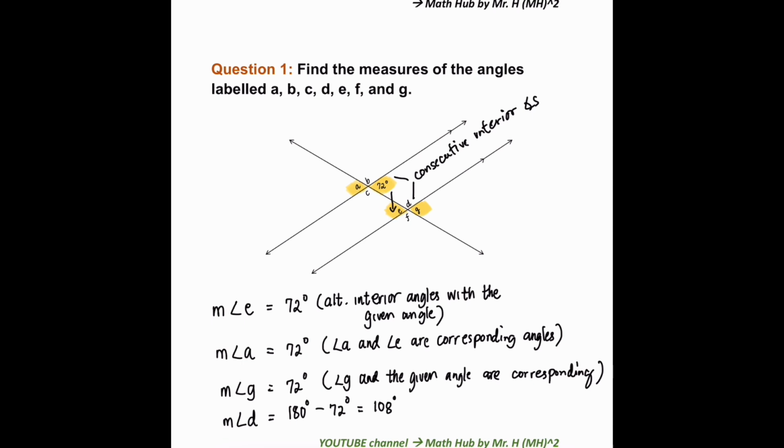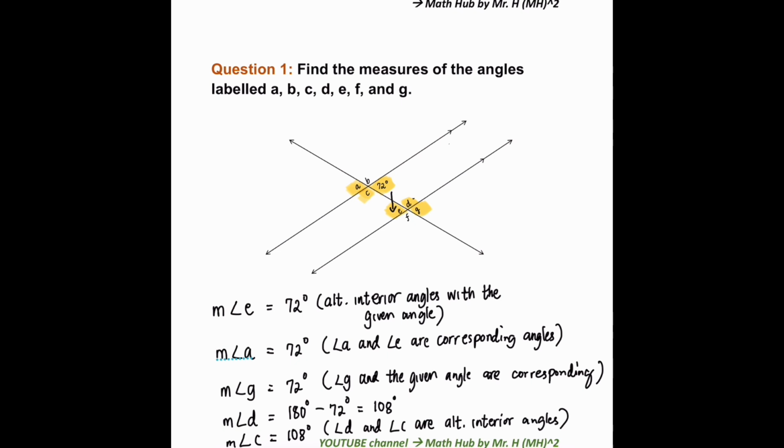And after finding the measure of angle D, obviously you can find the measure of angle C, because angle C and angle D are alternate interior. The measure of angle C is equal to 108 degrees as well.